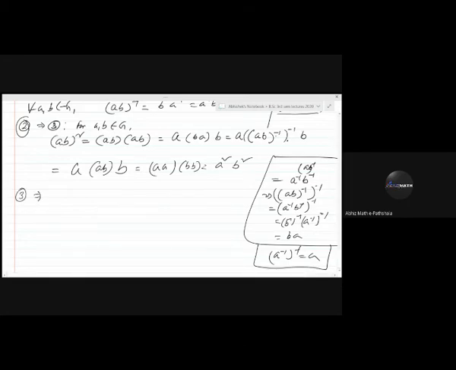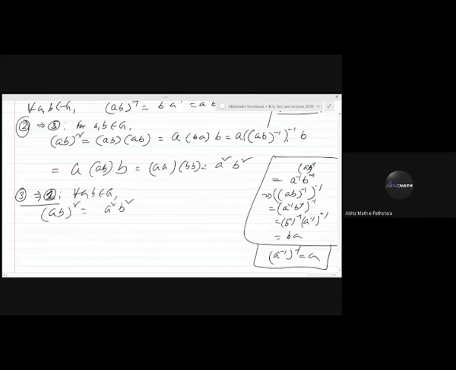Now 3 implies 1. What is this? Since 3 holds, for all a, b belongs to G, (ab) square must be a square b square.